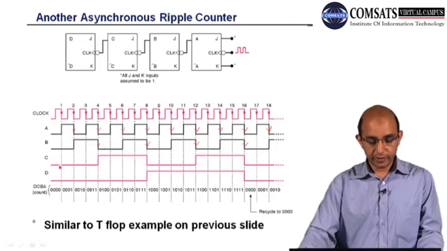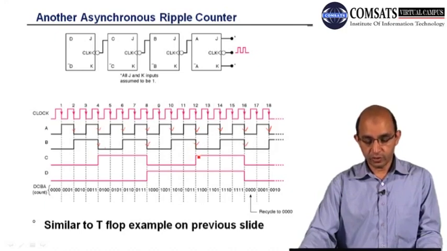So on the falling edge it has to toggle to 1, and it will remain 1 till the next falling edge. Now toggle from 1 to 0, and this will remain 0 till the next active clock edge, the falling edge, arrives. Again toggle from 0 to 1, and this will continue like this.